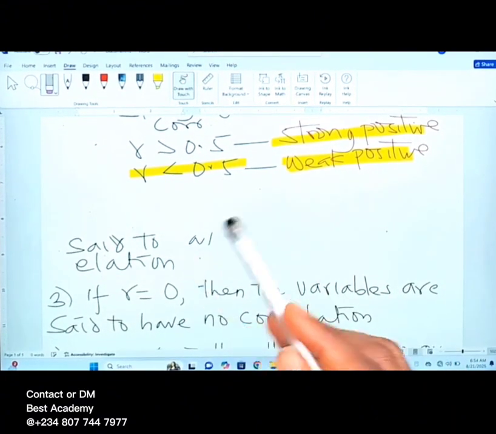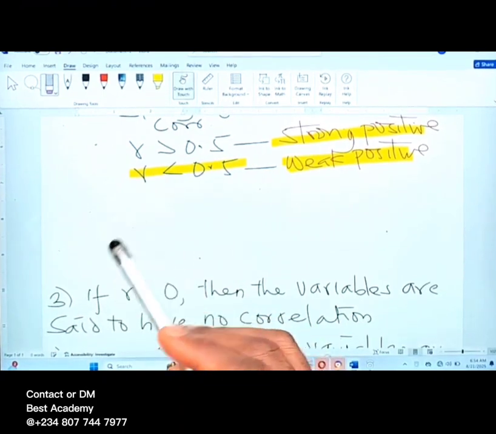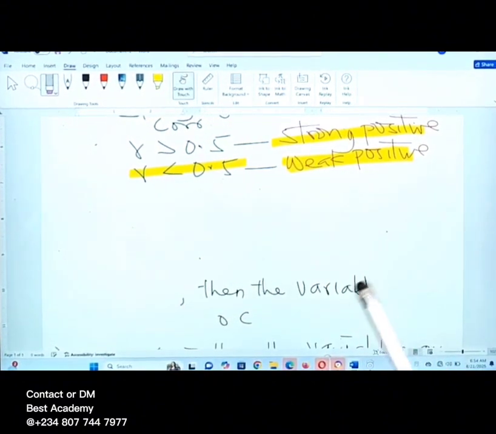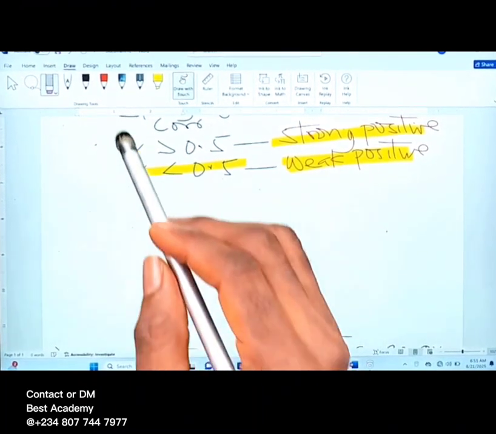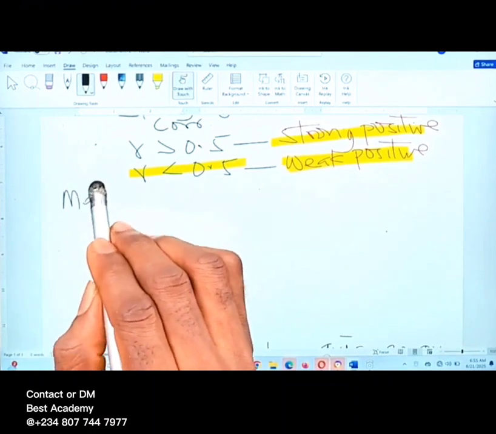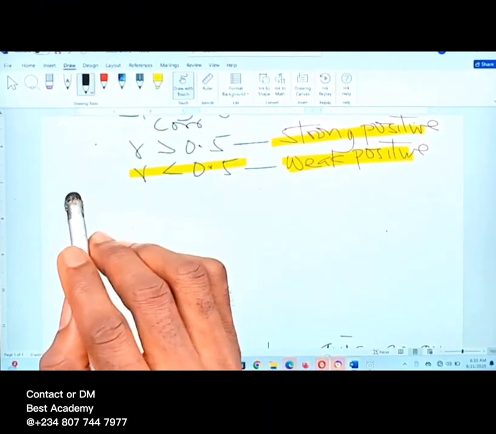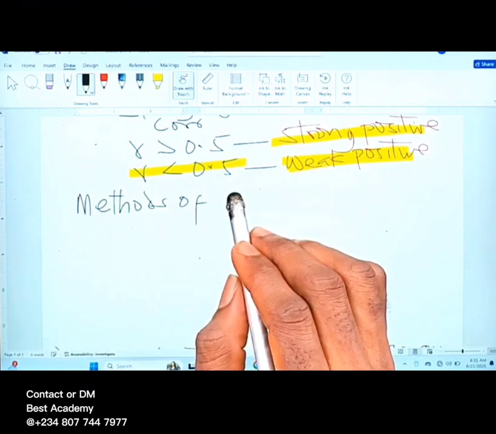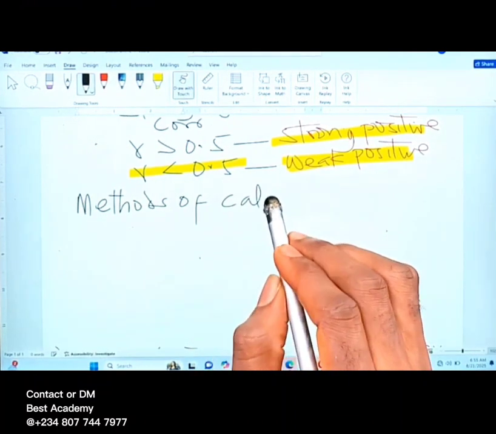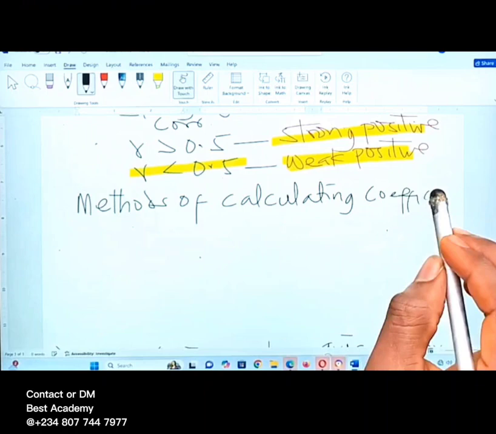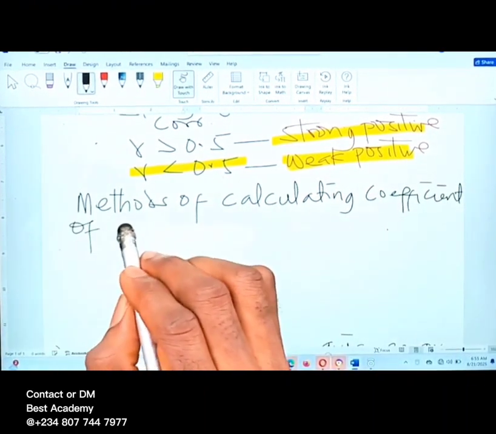We have others, but the major ones we use in calculating them are the two I'm going to give here.